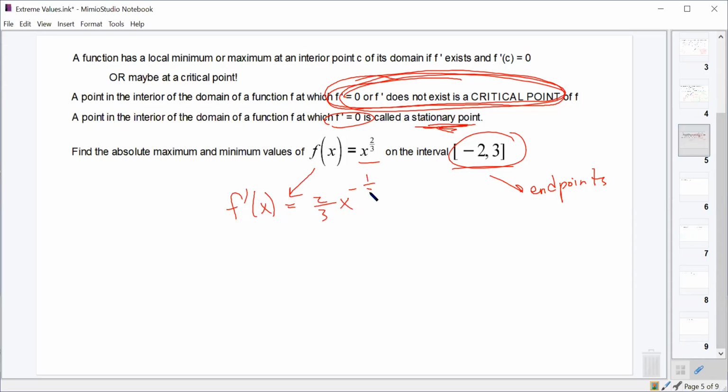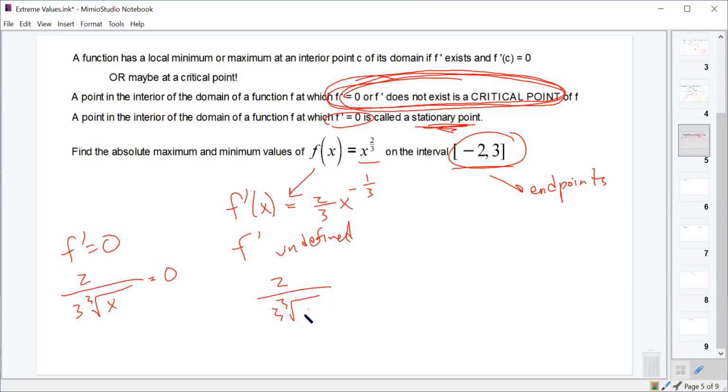Good. So first off, f prime equals 0. Well, I'm going to rewrite this as 2 over 3 cube root of x. That'd be when this equals 0. And f prime is undefined whenever that is undefined.